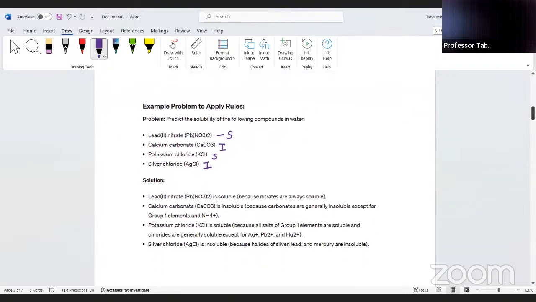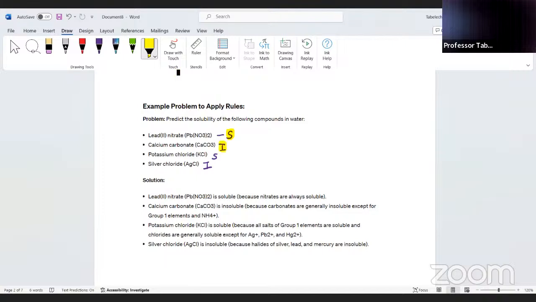Right here it tells us that lead 2 nitrate is soluble because nitrates are always soluble. So we got that one correct. Calcium carbonate is insoluble because carbonates are generally insoluble except for those that are part of group 1 or ammonium.